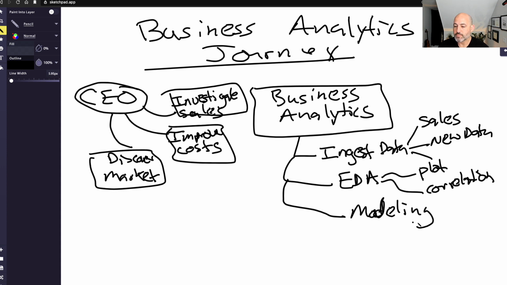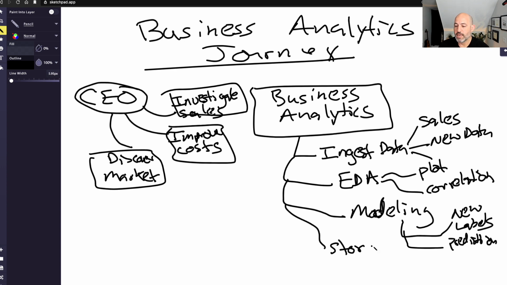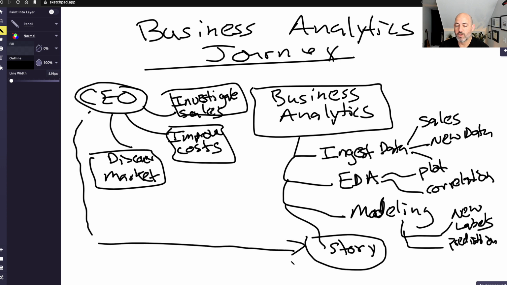So can you find out new labels, or can you do a prediction using tools like automated machine learning tools? And then finally, you have to tell the story. And so a lot of times the CEO would be more interested in the story, because in the story, what you're going to do is you're going to give them some kind of conclusion and recommendation, right?